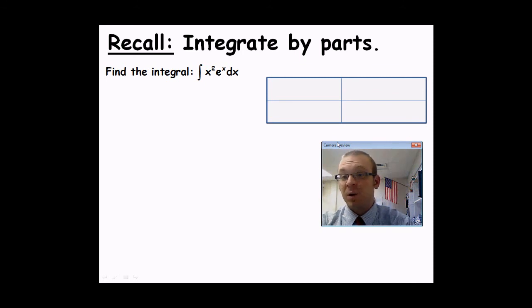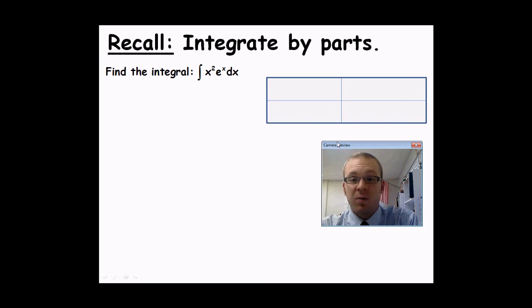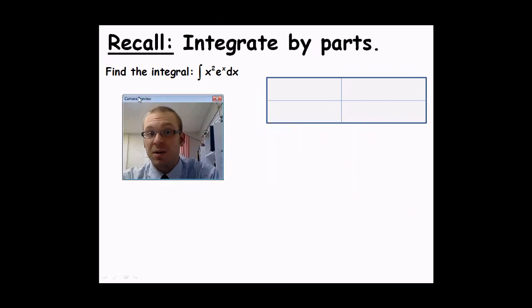The reason is we already took notes on this one yesterday, and this was an exact example you've already seen. If we're trying to find the integral of x squared e to the x dx, then yesterday we assigned a u and a dv.